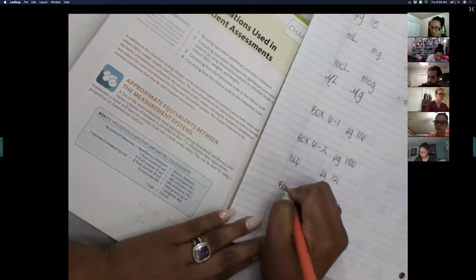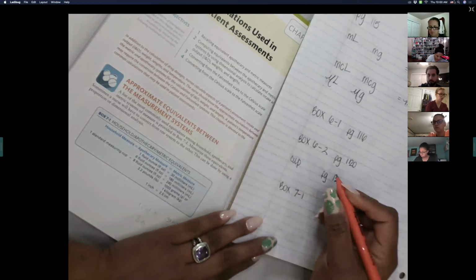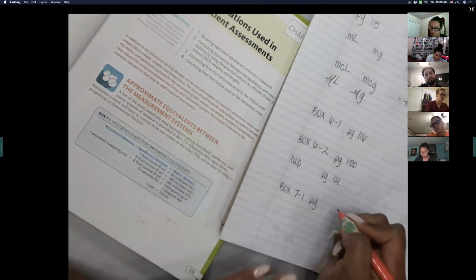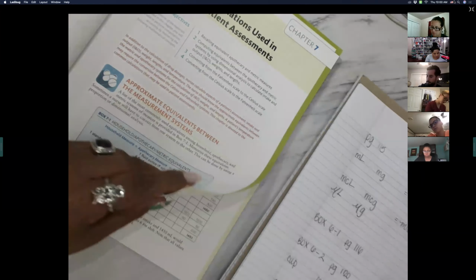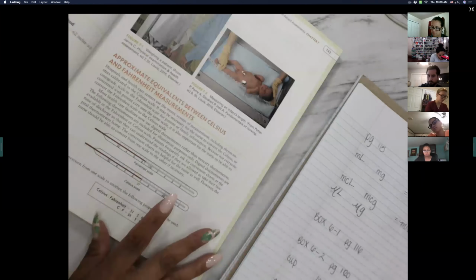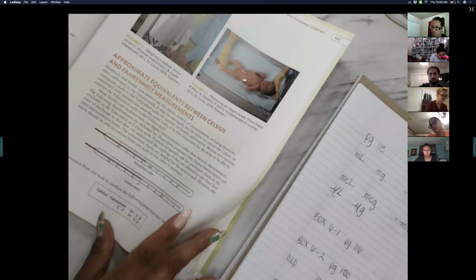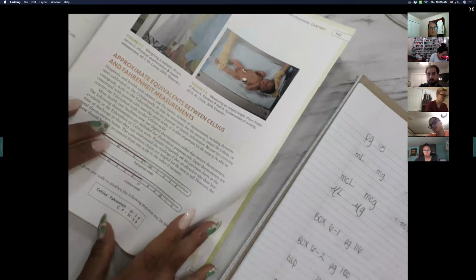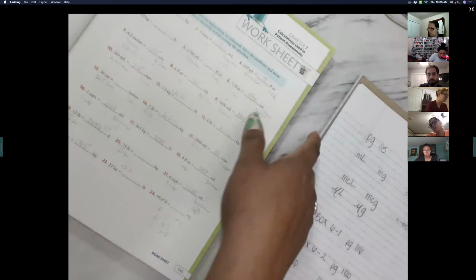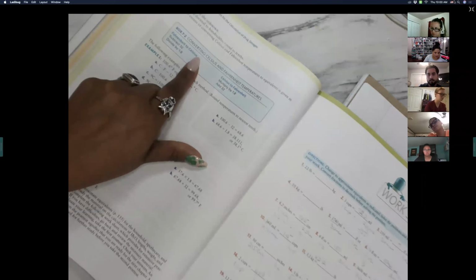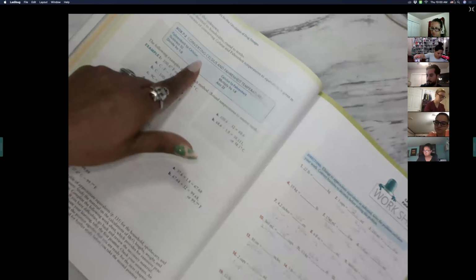So review box 7-1, and that's on page 139. Okay, and then review box 7-2, page 144.